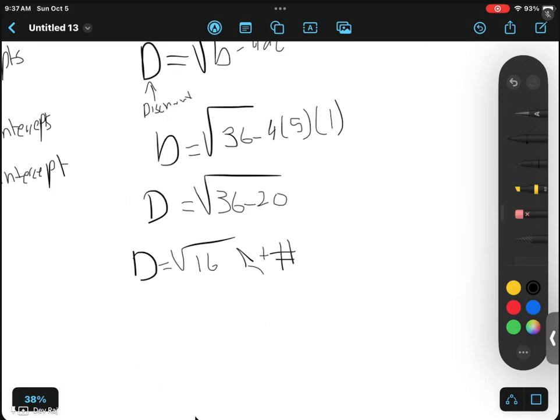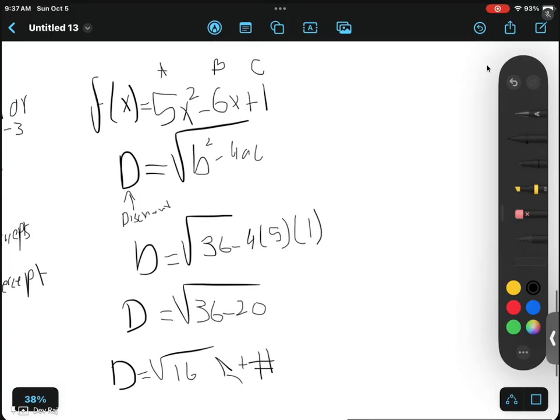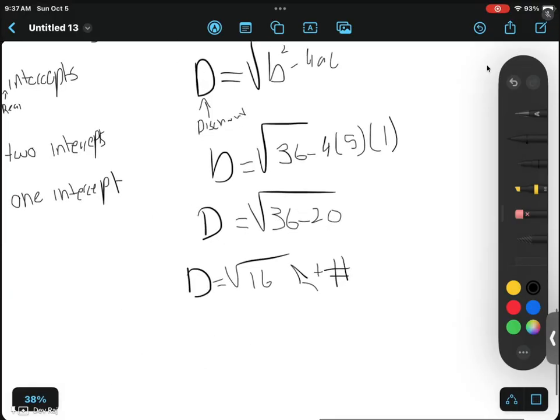My voice is breaking. Is this better? Okay, I'm just asking. So, do you see what I did on the board? Okay, do you see how we got a positive number for the discriminant? So I'm asking how many x values do you think we have since it's a positive discriminant?